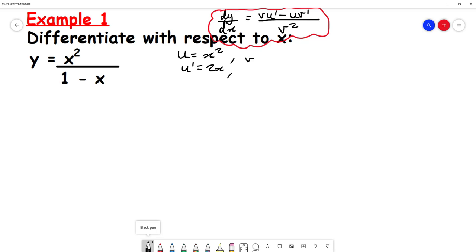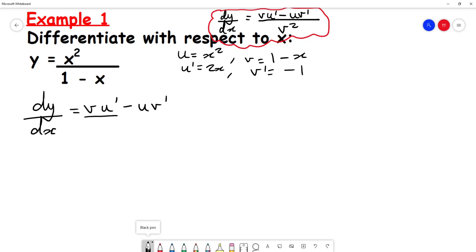And v is going to be 1 minus x, and v dash is simply going to be the differentiation of this, which is basically minus 1. So we can start off by writing the quotient rule.